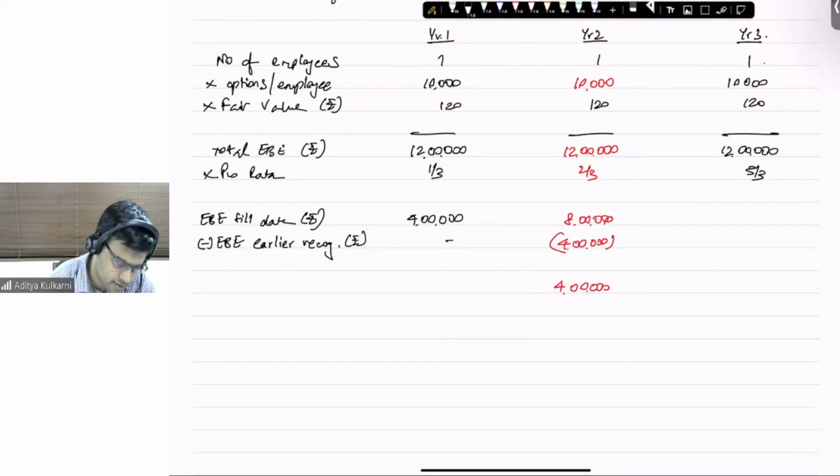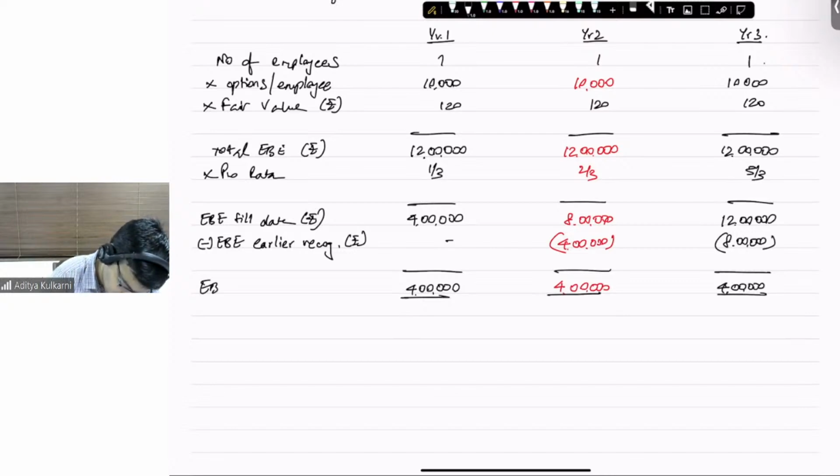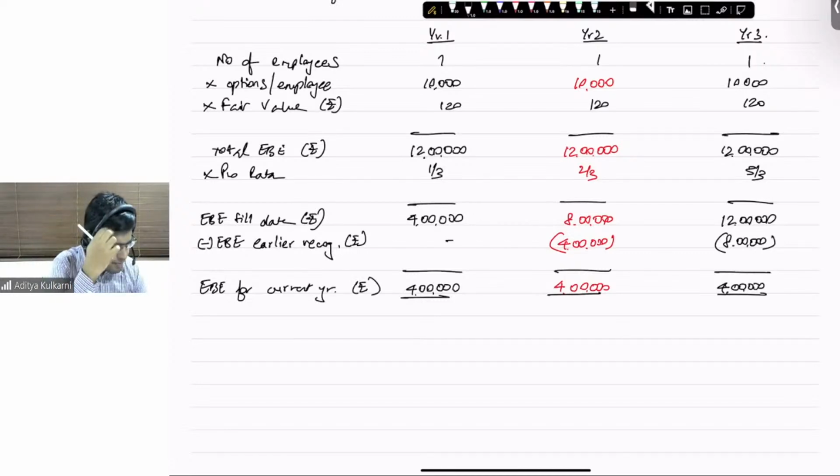So 4 lakhs, 8 lakhs, 12 lakhs, minus 8 lakhs. 4 lakhs, 4 lakhs. EBE for current year in rupees.